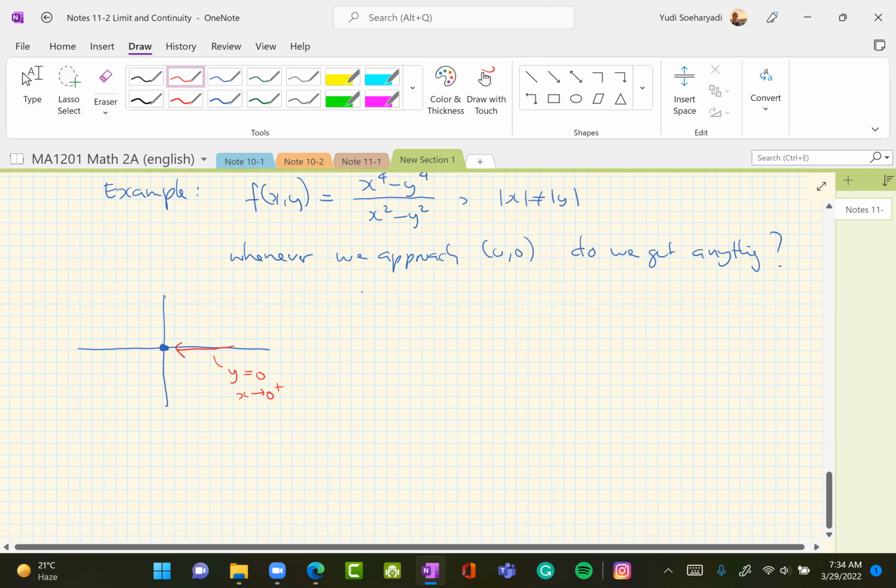Coming there, you see that this is 1. Y equals 0, so you get this one. Okay, so equal, for this approach.